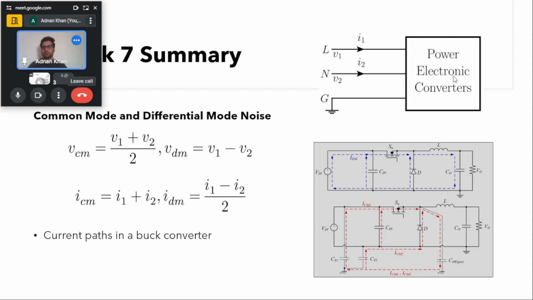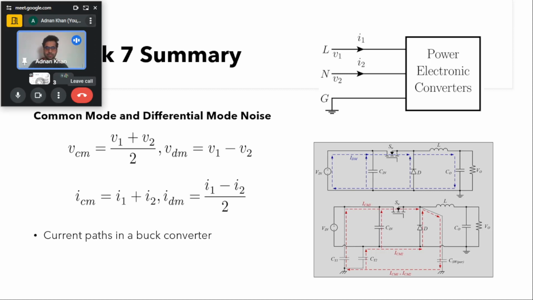Our power electronic converter will be enclosed in an enclosure, and this enclosure is usually grounded, so that a person may not get a shock when someone holds this converter or tries to work with it, and so on.